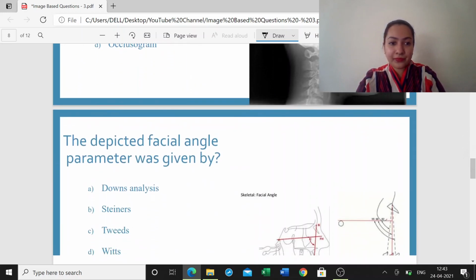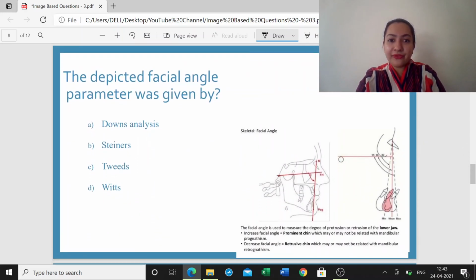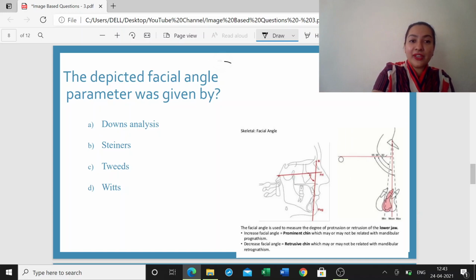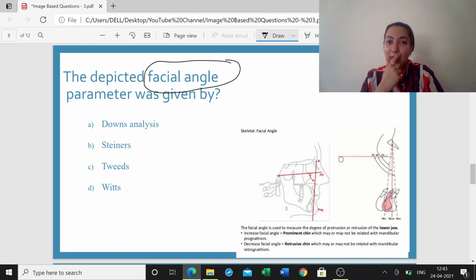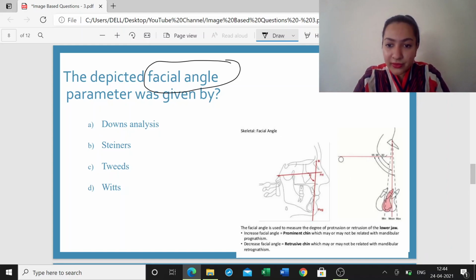Moving on. The depicted facial angle parameter was given by... Now you already know that facial angle terminology you have. So if you have done model analysis very well in your BDS times, you already know the answer, right? But still, let us see it in depth. What do you see? That there is a Frankfurt horizontal plane.